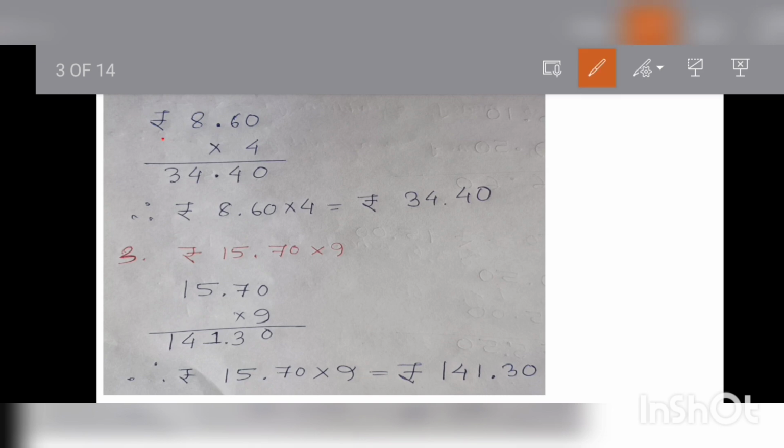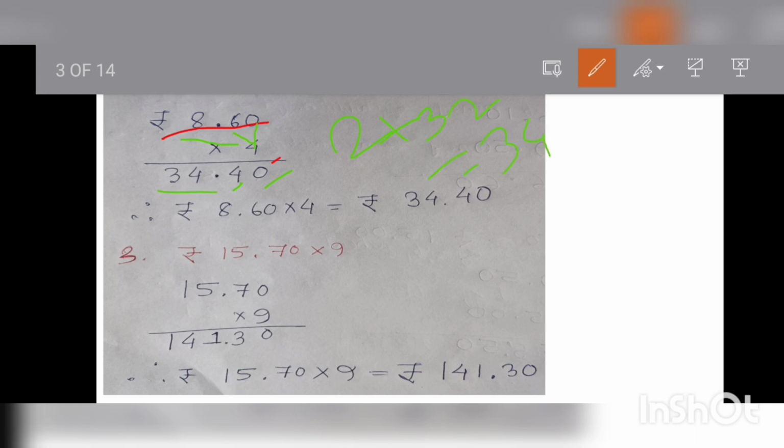So this is rupees 8.60 into 4. So 4 into 0 is 0 and 4 into 6 is 24. So 4 is put here and 2 is remaining. So 4 into 8 is 32 and 32 plus 2 is 34.